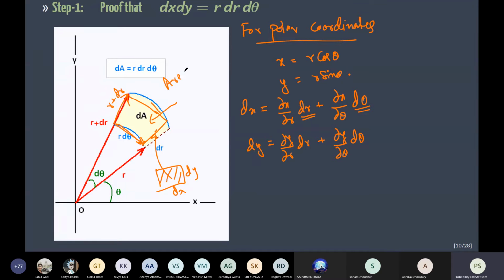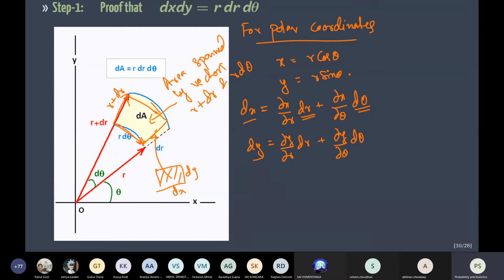So what is the area spanned by, or the parallelogram formed by, the vectors r plus dr and r d theta? In this case, these are the vectors, the representation of dx and dy in the new coordinates, like in linear algebra, right?